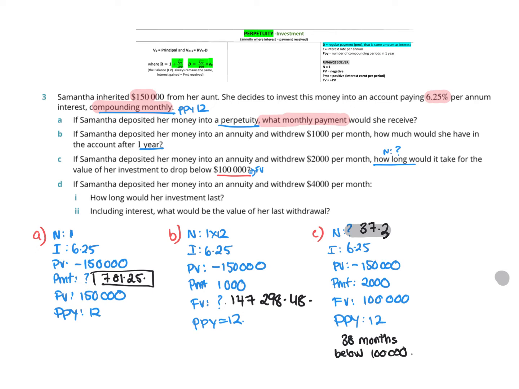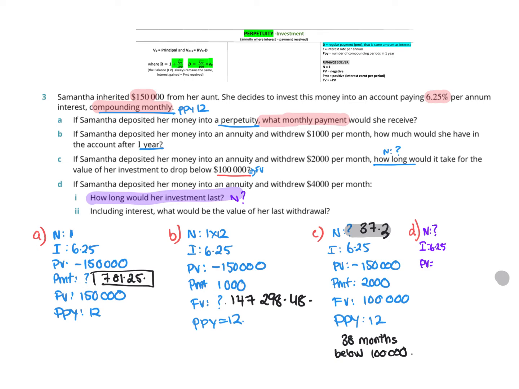Okay, if Samantha deposits her money in an annuity and withdrew 4,000 per month, how long will the investment last? So we're still going to be using Finance Solver here, and I'll do this first one, how long? So that would be the N is the question. So we'd have N, we still have the interest as 6.25.